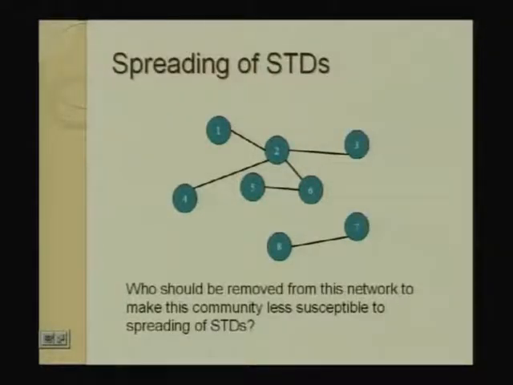You can think of networks where you can remove one particular node which has a very high degree, therefore it might have a very high chance of getting an STD, but removing it may not help, because suppose it's a part of a huge clique, then removing a node from the clique really doesn't help much, because other nodes will be connected and it does not really decrease the susceptibility of the community from spreading of the disease.